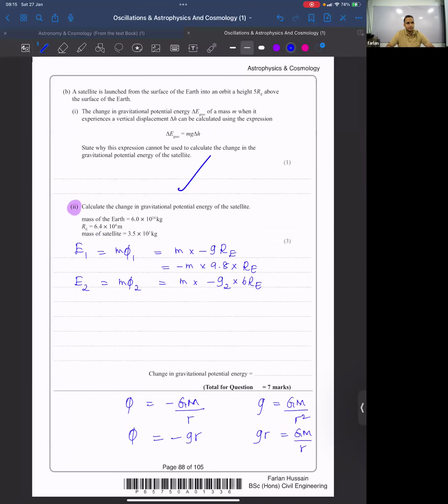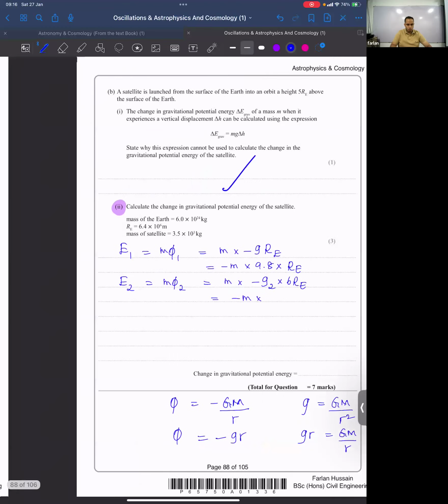Do you agree with me? Now the object is at a height 5Re above the surface of the earth. So with the radius of the earth Re, the distance to the object will be now 6Re. Am I right? Which is going to be minus m.